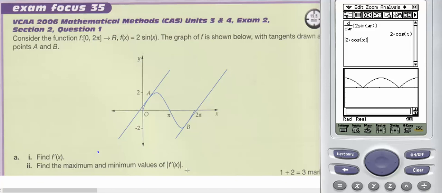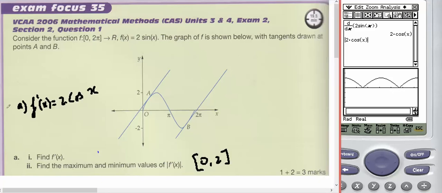However, the derivative does not exist at the sharp joints, so the minimum will equal 0 and the maximum will equal 2, because I'm not taking the derivative of the modulus of 2 sine of x, because that would mean that on the sharp joints the derivative wouldn't exist.